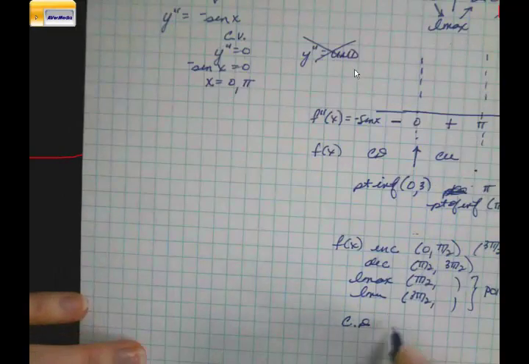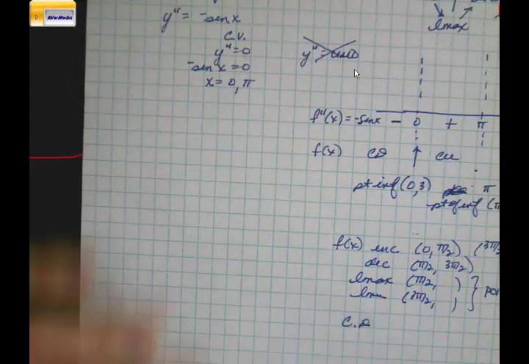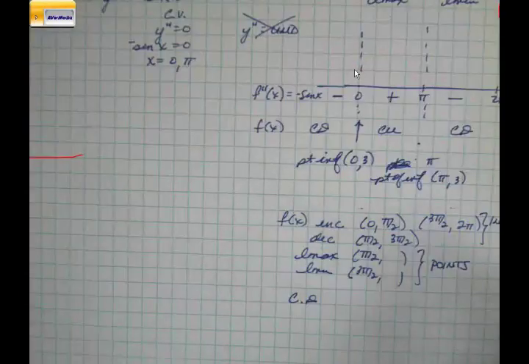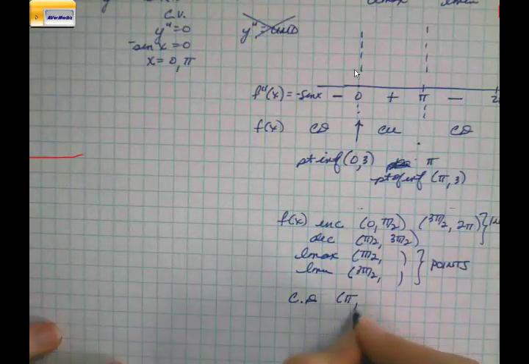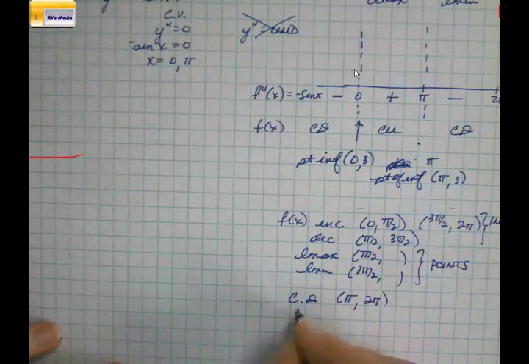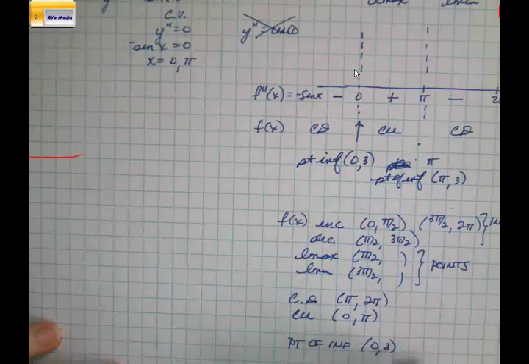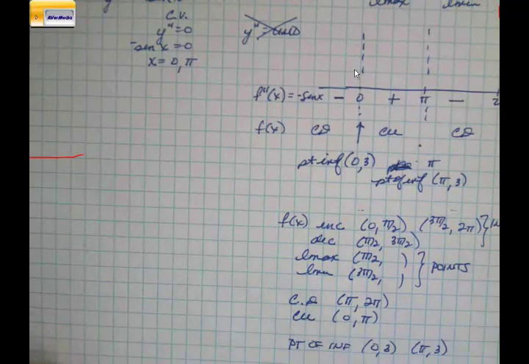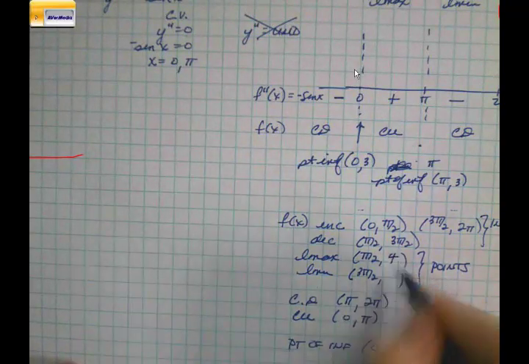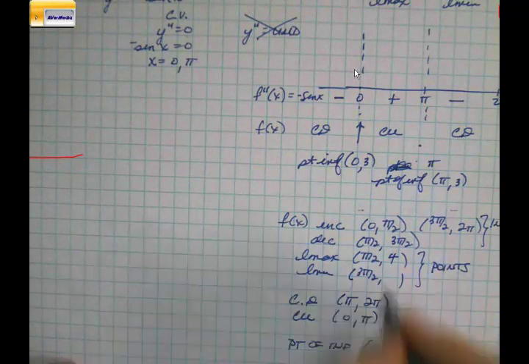Then we have concave down from pi to 2 pi, concave up from 0 to pi, and points of inflection at 0, 3 and pi, 3. Sine of pi halves is 1, so this is 4, and sine of 3 pi halves is negative 1, so this is 2.